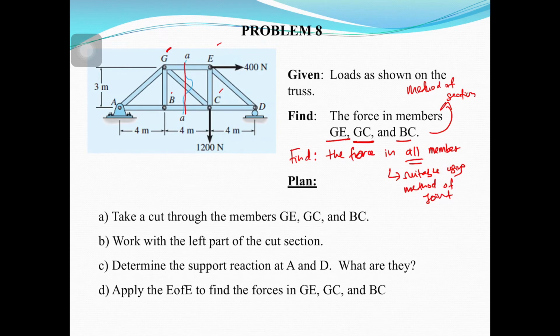So take a cut through members GE, GC, and BC, work with the left part of the cut section, determine the support reactions, and apply the equations of equilibrium. So these are the steps.